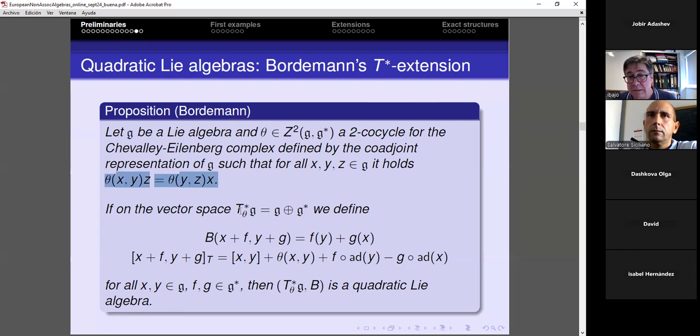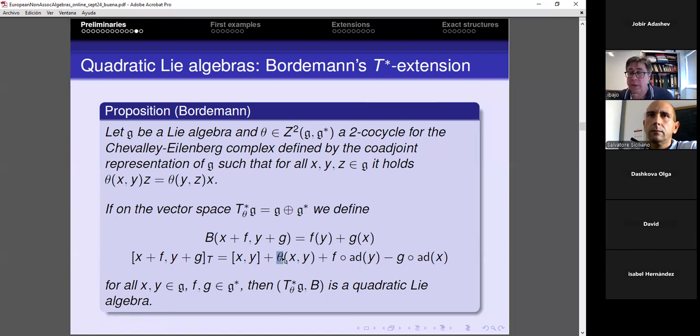Then on this space, on the vector space G plus G star, one can construct a natural pairing, which gives a quadratic structure. Here, this theta modifies a little bit the bracket. And the well-known case in geometry, which is the case of the cotangent algebra, is the case in which theta is actually 0, right?